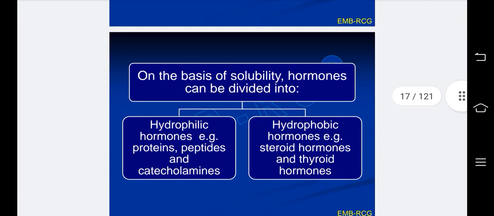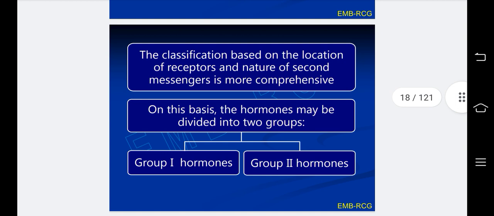On the basis of solubility, hormones can be divided into hydrophilic hormones, proteins, peptides, and catecholamines, and hydrophobic hormones, steroid hormones, and thyroid hormones.